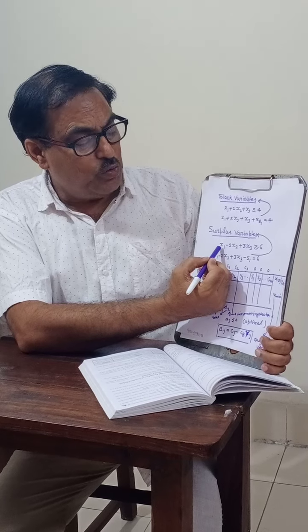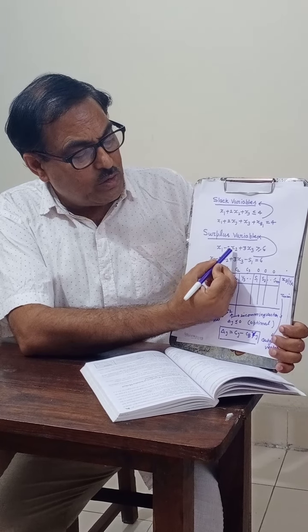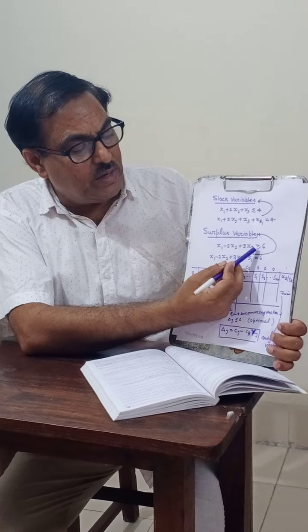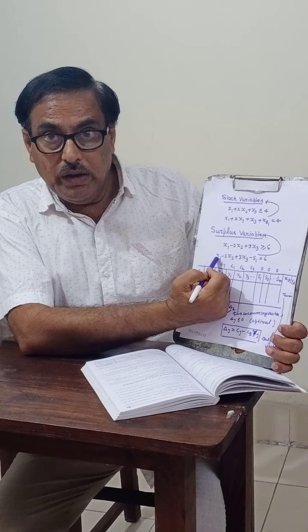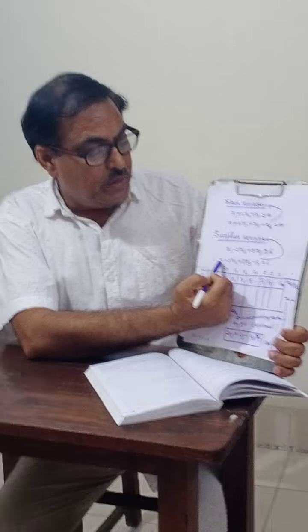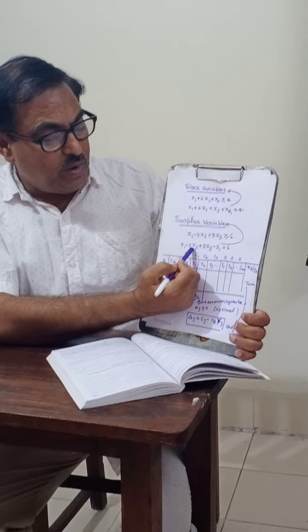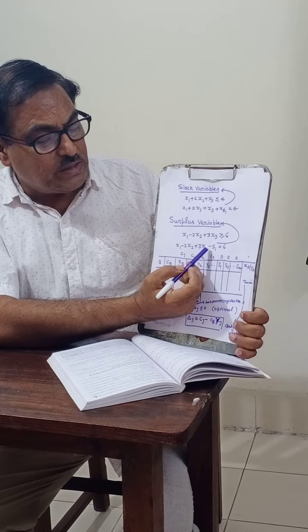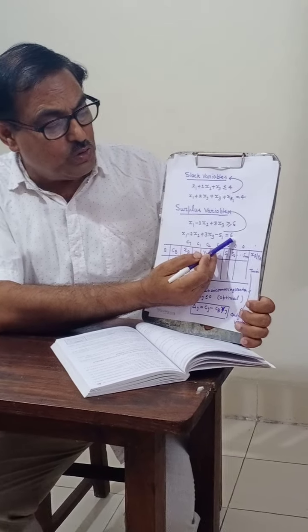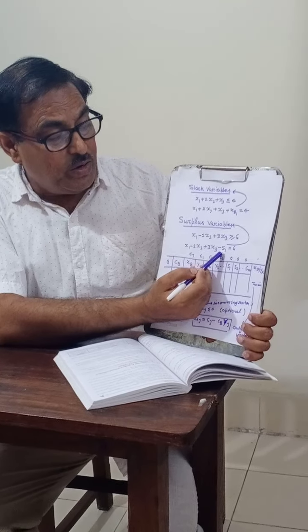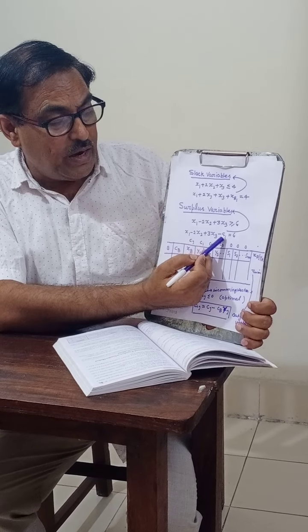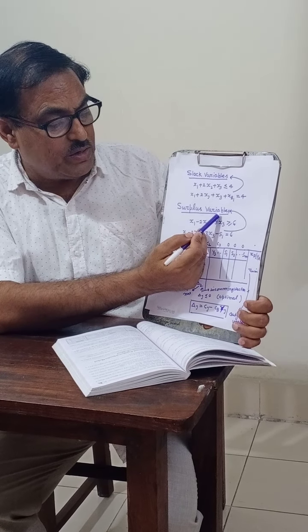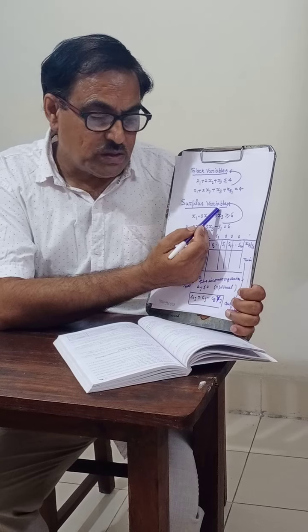Suppose the equation is x1 minus 2x2 plus 3x3 greater than or equal to 6. Then to convert it to equality, it becomes x1 minus 2x2 plus 3x3 minus s1 is equal to 6. This variable subtracted on the left hand side of the equation is s1. This s1 variable is called the surplus variable.